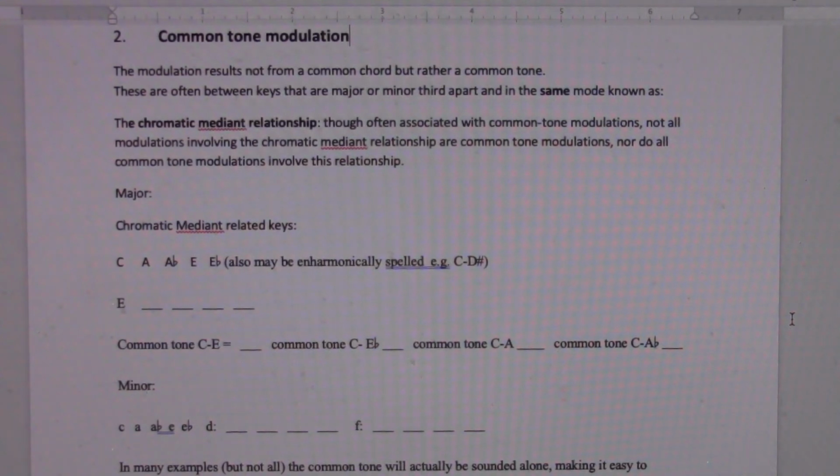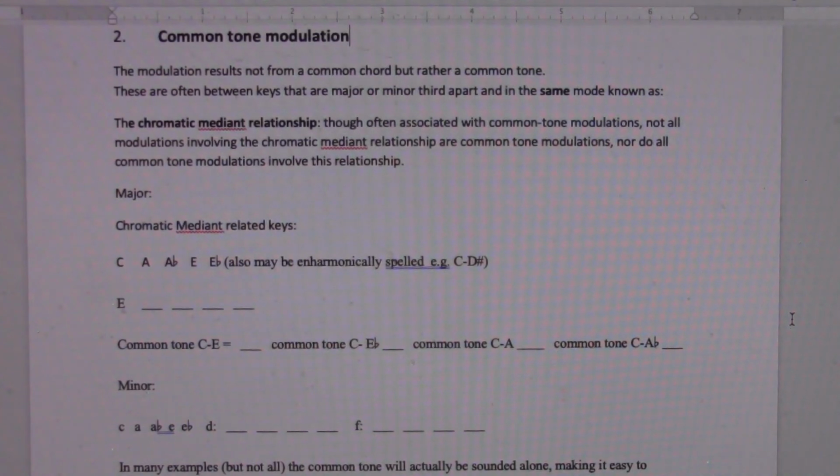So C, E to A flat. Now C major would be chromatic mediant relation, and C sharp major also could be called D flat. So they're all major keys, and they're all a third or the equivalent of a third away.